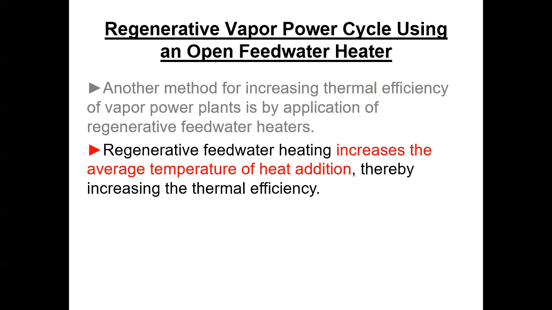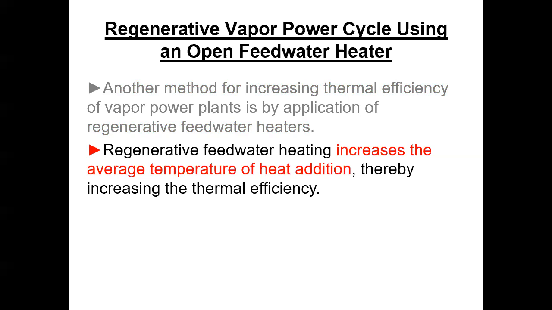What could we do to increase the average temperature during the heat addition? The answer is put the water in hotter. Move some heat around in the cycle to preheat the feed water with energy from the cycle before it goes back in the boiler.